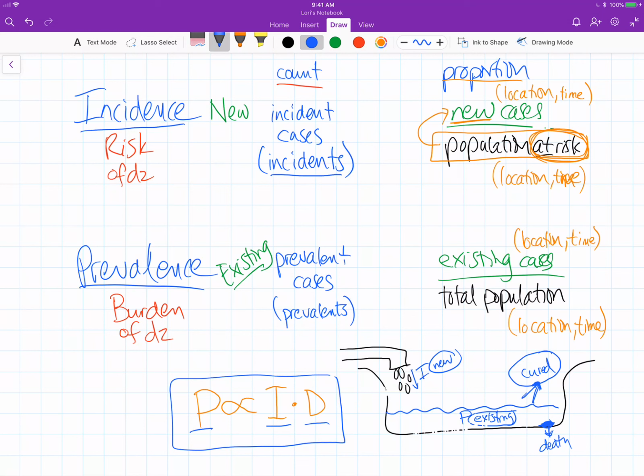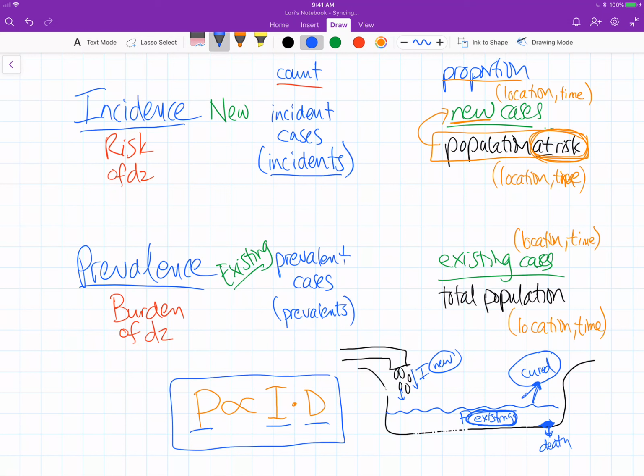Now, in the meantime, they gave that to another one of their coworkers, so then there's a new incident case that's coming down into the pool. But then they're going to be cured pretty quickly. So at any given time, there usually are not very many prevalent cases of the common cold. Sometimes things can go around either in a classroom or in a workplace, and there's more prevalence, but then pretty soon it's gone.